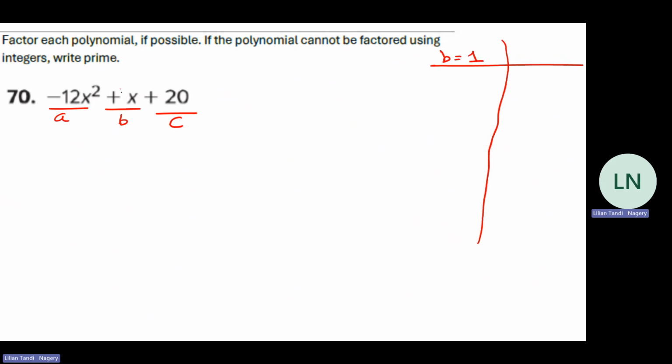How do I know? There's no number here, so that number is 1. Then here I am going to do A times C, which is negative 12 times 20, which is negative 120. I disagree. It is negative 240.